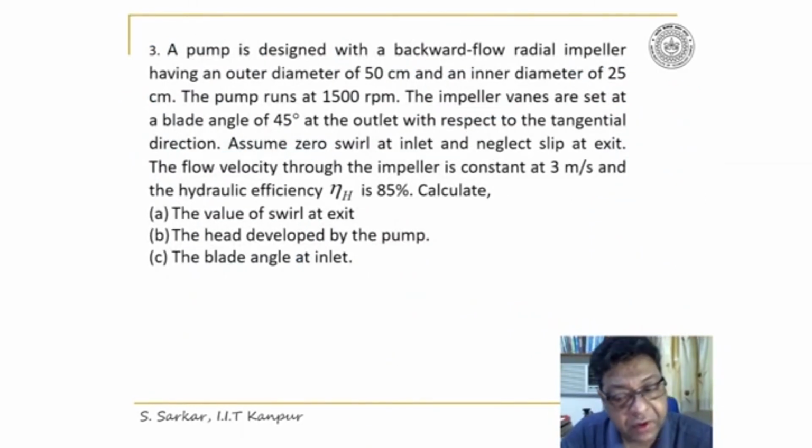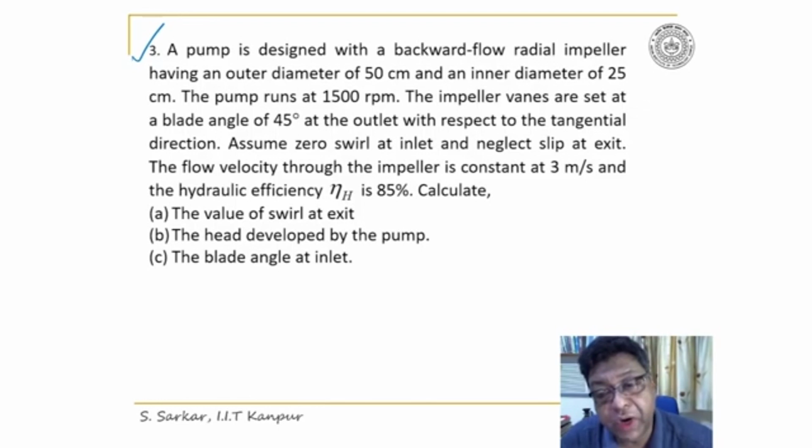I have solved here a problem on radial flow impeller. So the statement here is: a pump is designed with a backward flow radial impeller having an outer diameter of 50 centimeter and an inner diameter of 25 centimeter.